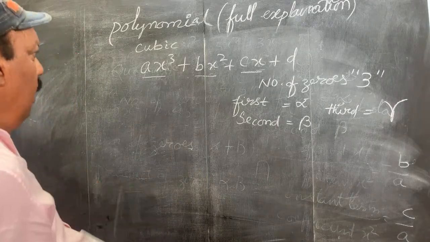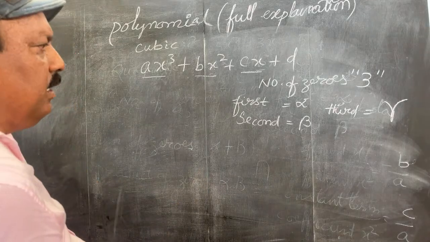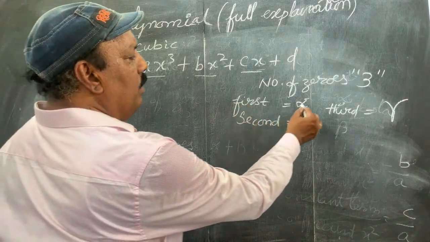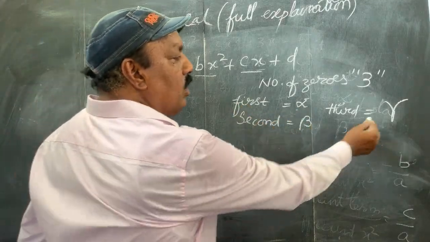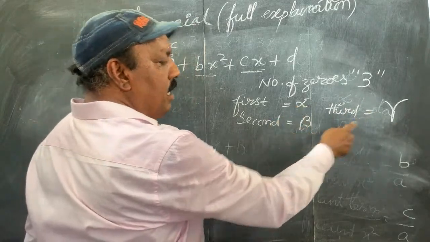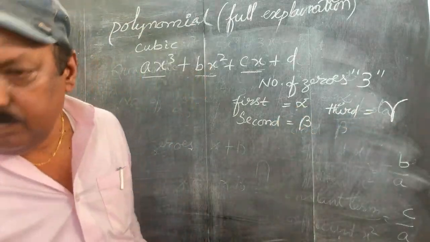Again we have 3 zeros: alpha, beta, gamma.